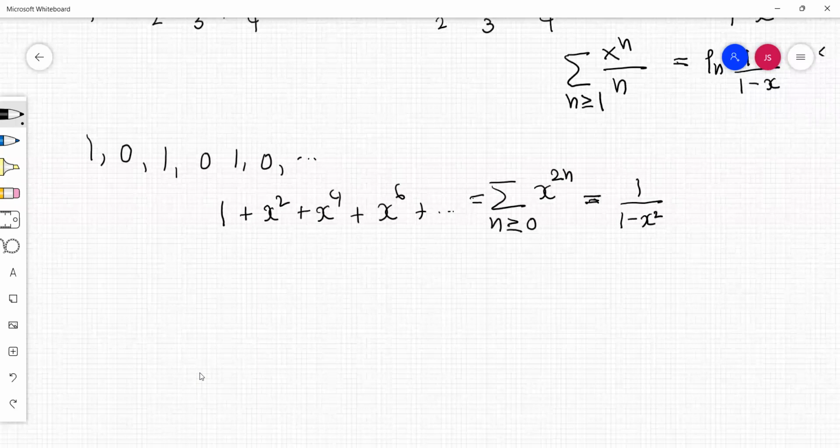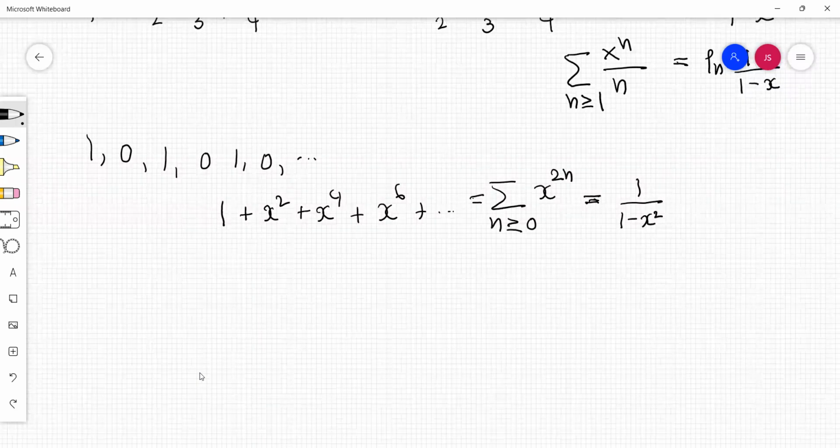Now I can ask a reverse question like this. Can you guess the expansion of this one? What is the power series expansion? Of course, you know that using derivatives, the Maclaurin series or Taylor series, you can find it. But you need time to calculate that.